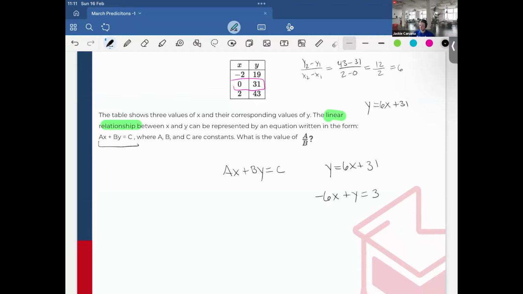And that's equal to 31. And then I can see a is equal to -6, b is equal to 1, and c is equal to 31. Everyone sees where I got those. And then final step, a over b, that would just be -6 over 1. And that's our answer, -6.